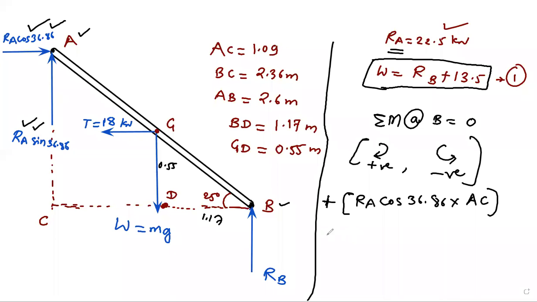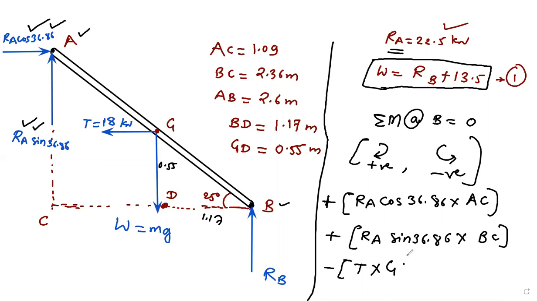Then plus RA, it is again going in clockwise direction, sin 36.86 multiplied by the force, which is vertical, so the distance is horizontal, multiplied by BC. Then T is making an anti-clockwise moment, so T into the force is horizontal, so the distance is vertical, GD.